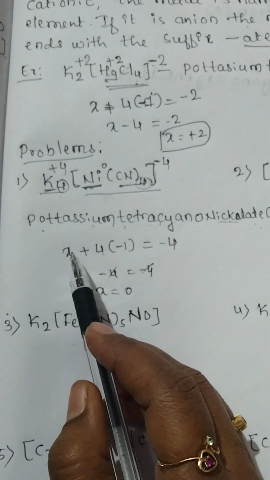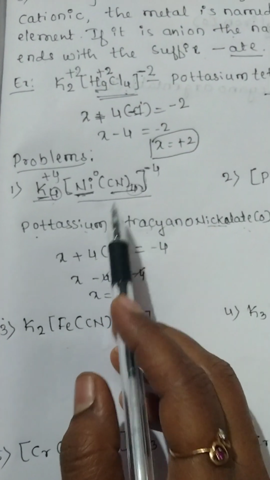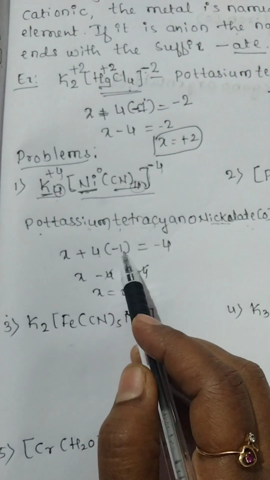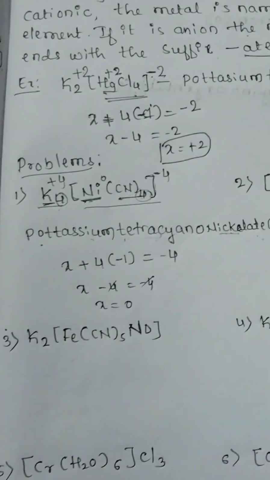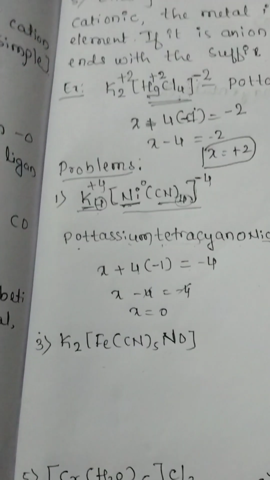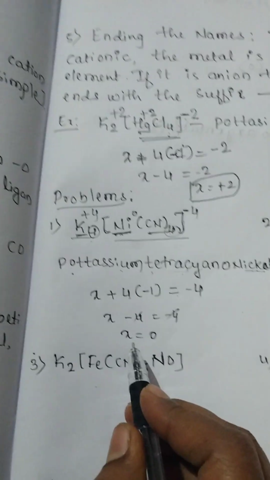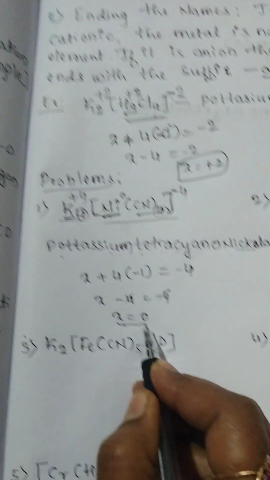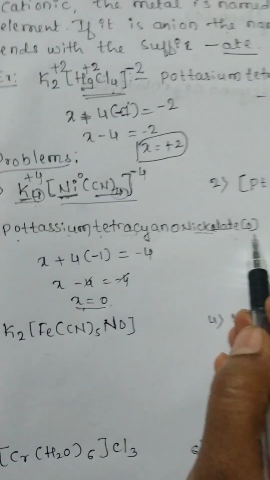Let us consider X plus, the coordination number is 4, that is 4 into -1 is equal to the charge on the sphere, that is -4. After calculating, what you will get? X is equal to 0. So the oxidation state will be 0.